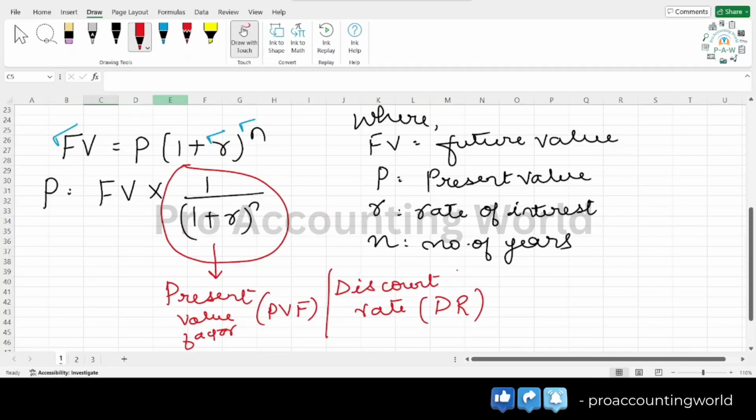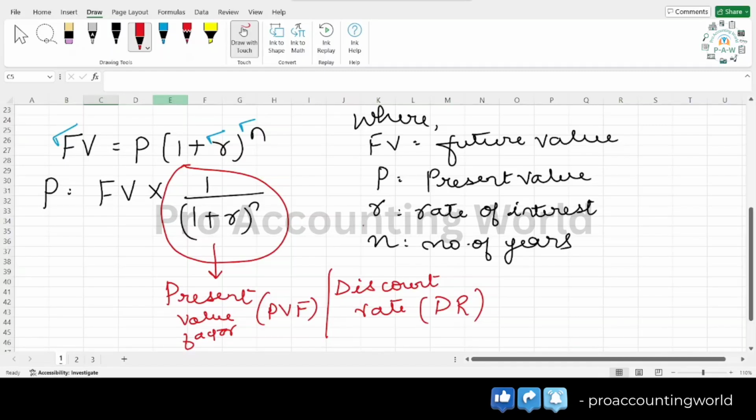So to conclude, how do I get present value? Future value multiplied with 1 divided by (1 plus R) raised to N, the present value factor. This present value factor multiplied with the future cash flows gives you your present value.